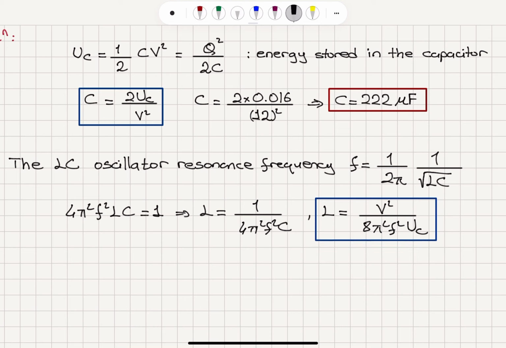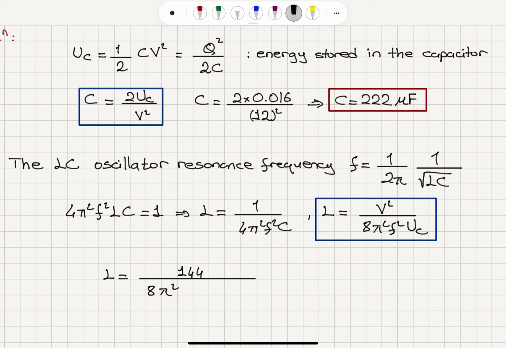Substituting the values, the inductance becomes 12 squared, which is 144, divided by 8 pi squared.